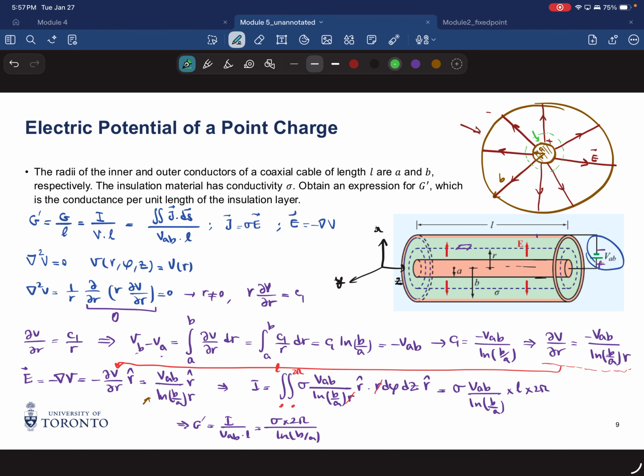And here you can say that since the electric field is going from positive voltage, you basically have positive charges distributed uniformly on the inner conductor, and then negative ones, again uniformly distributed on the outer one. You can use Gauss's law, actually.